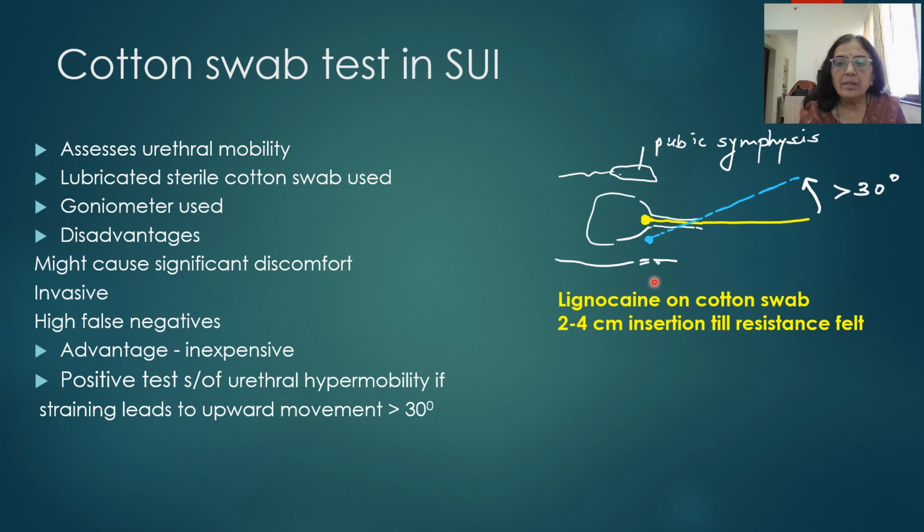In short, in this patient, because urethral hypermobility is there, the success of mid-urethral slings is high. That is why we want to know whether our surgical procedure will be beneficial for the patient or not. So if urethral hypermobility is present, mid-urethral sling surgery success is high, and to know that, this test is being done.